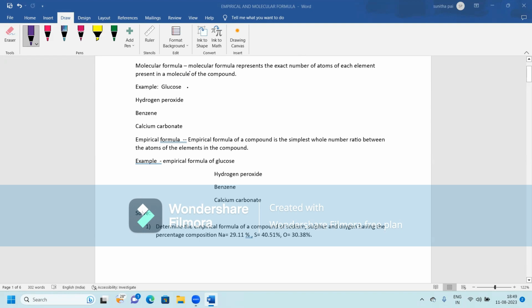Molecular formula. See, now if you look at these examples which I have written, the first one, glucose, its molecular formula is C6H12O6.